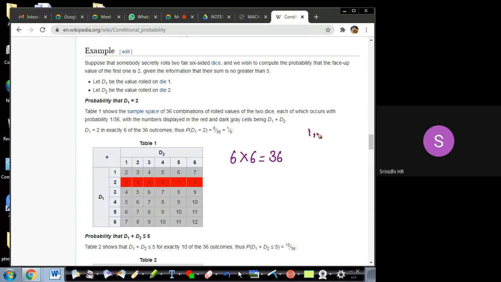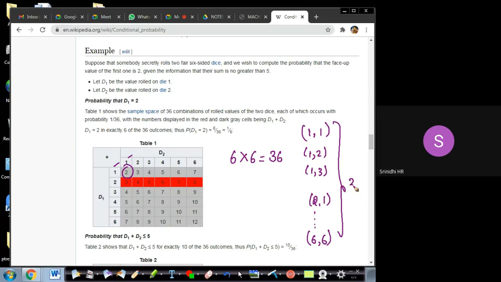That is 1 comma 1, next 1 comma 2, 1 comma 3, 1 comma 4, 1 comma 5, 1 comma 6. Next after that, 2 comma 1, and likewise it goes up to 6 comma 6, which is my last. So in total I have 36 possible combinations of the dice.